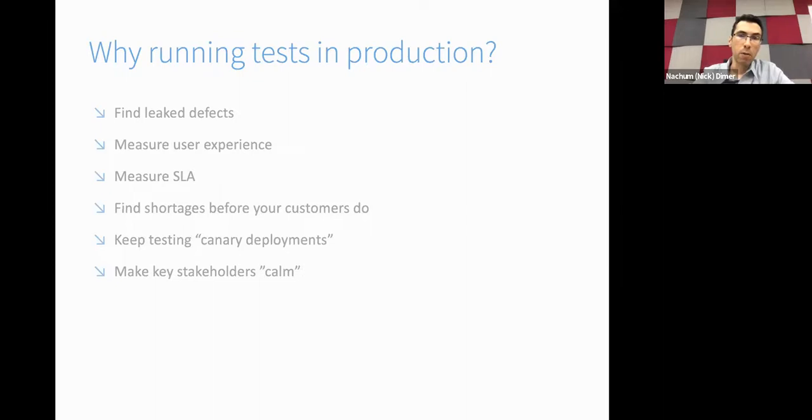But the situation has changed in the last years. More and more continuous integration and continuous deployment has evolved, so the need to assure quality in production has increased dramatically.